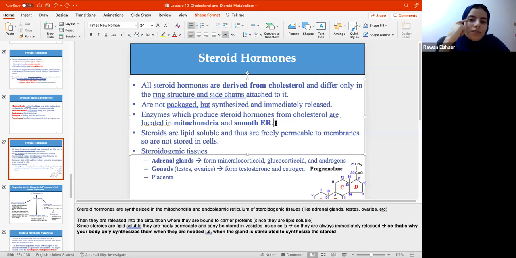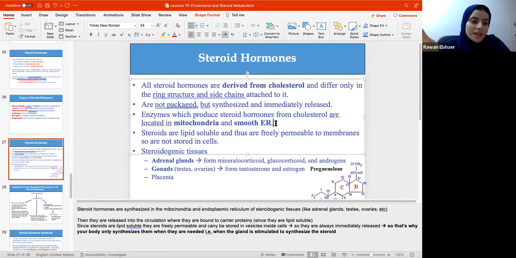I want to know if you guys know where the process of de novo synthesis of cholesterol happens. Someone answered in direct message, but I want to see if anyone else knows. Where does de novo synthesis occur? Cytoplasm, right? So it happens in the cytoplasm.